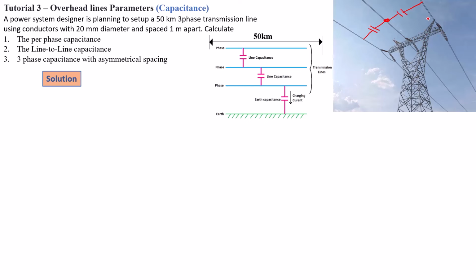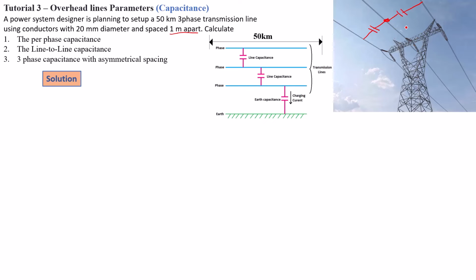So that will be the distance between these conductors. Now here on our problem, we have been told that the distance is 1 meter apart. So that will be part of what will cause the capacitance, as we'll understand that the closer they are, the bigger your capacitance is also going to be, because there will be a higher concentration of that electric field.